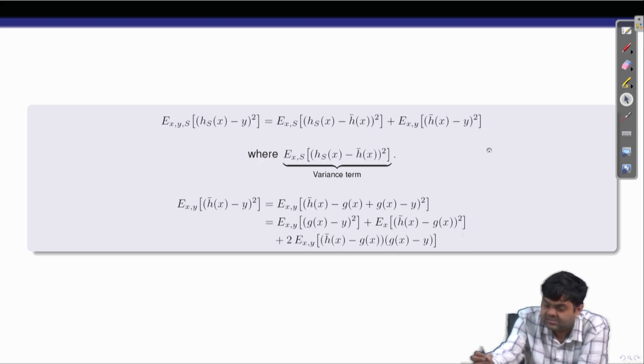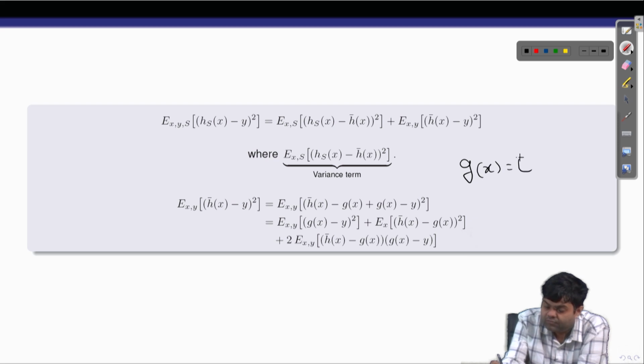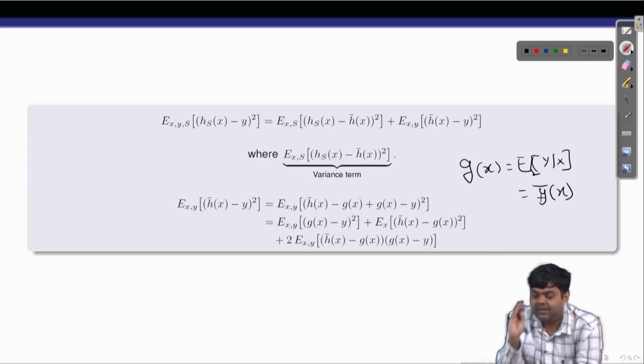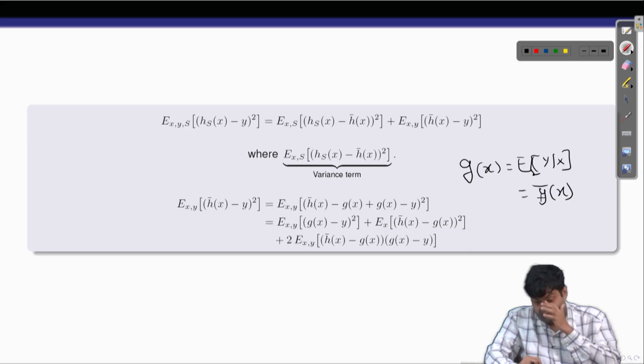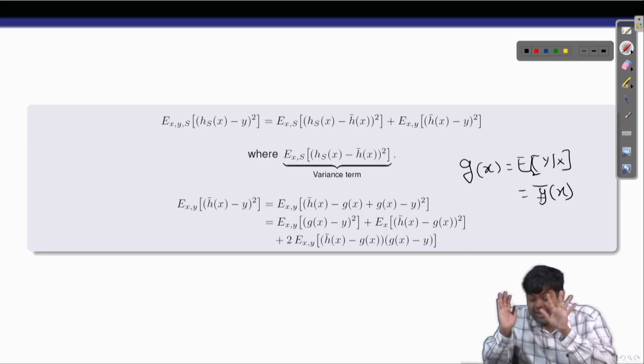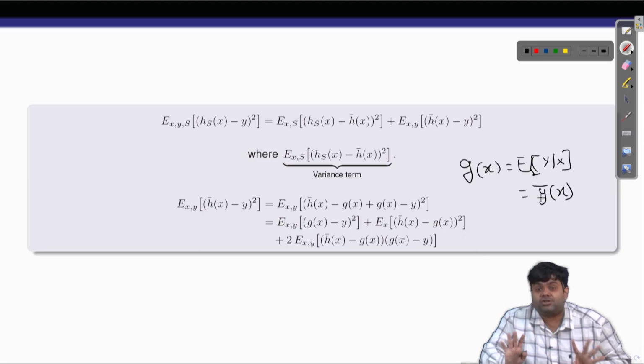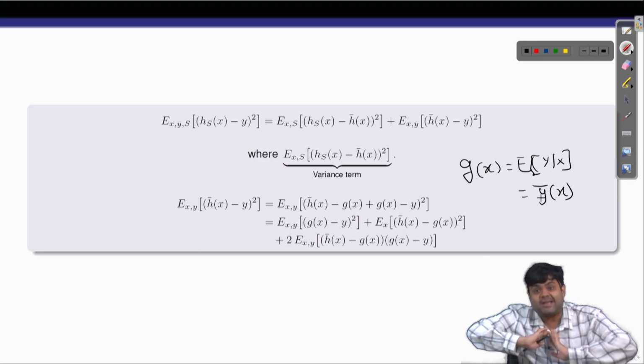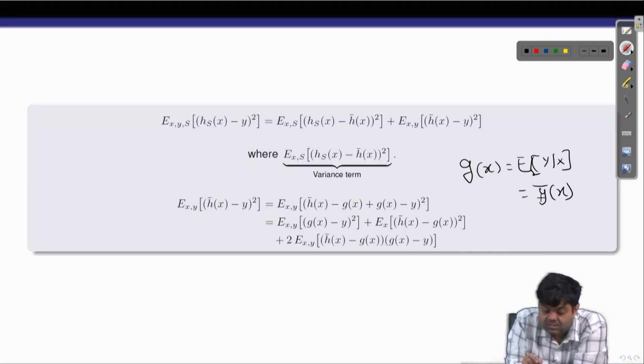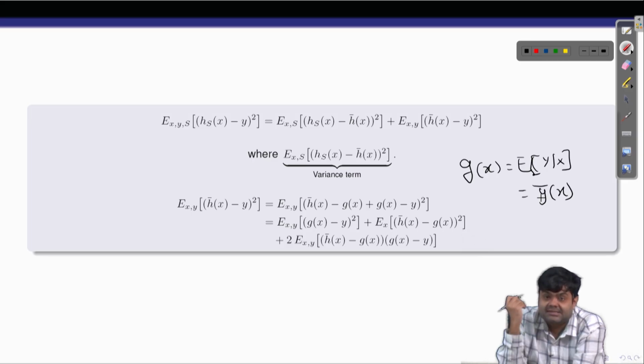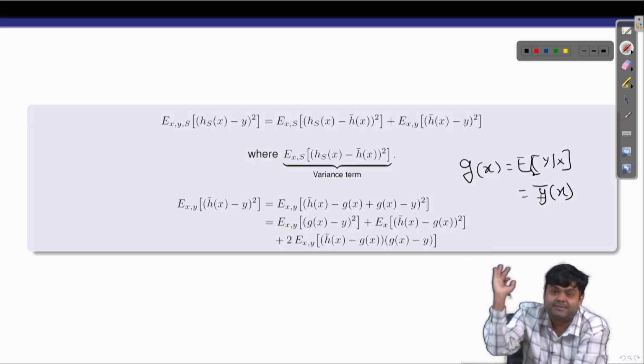Remember, g(x) was a new term I introduced for the expected value of y given x, which we were using as y bar(x). I am intentionally introducing this notation g(x) for this talk, just to emphasize that this is just a function of x, y has been averaged out. Just like h bar(x) is just a function of x, s has been averaged out.